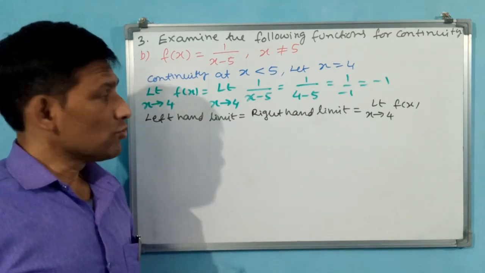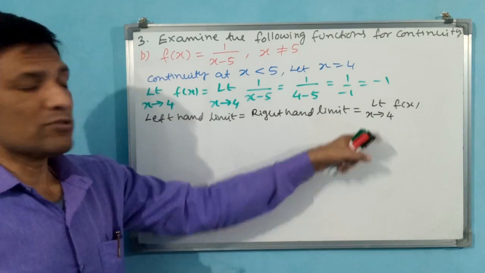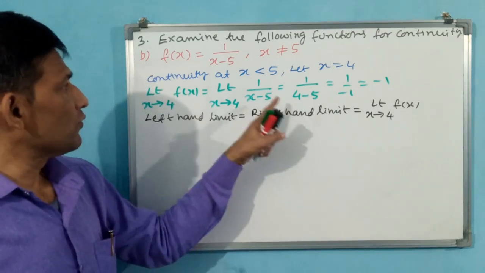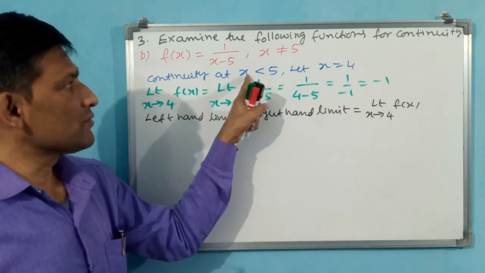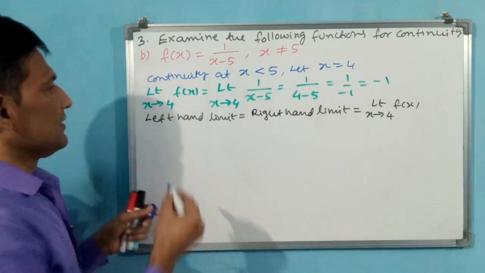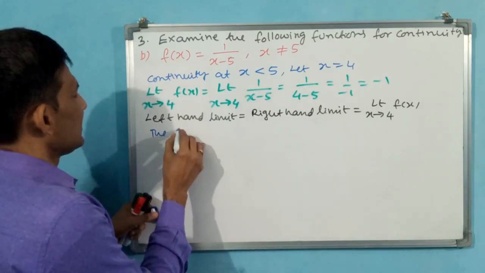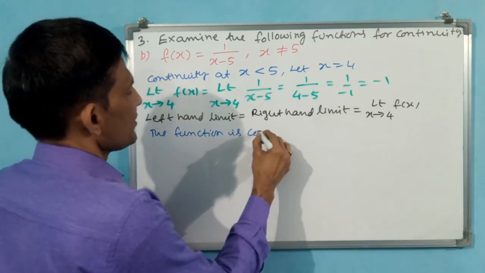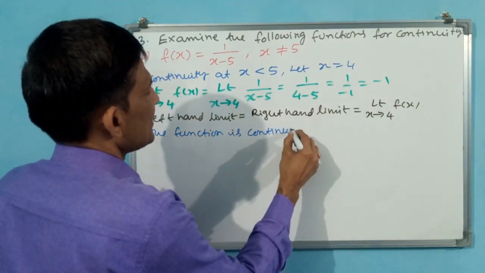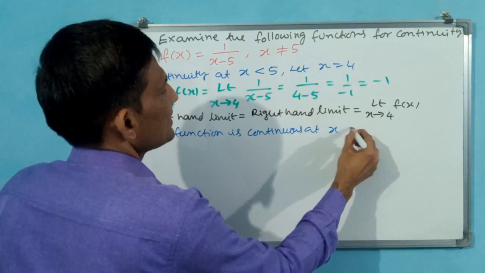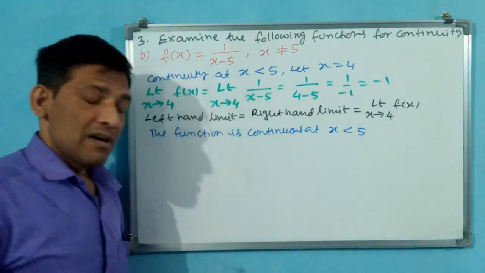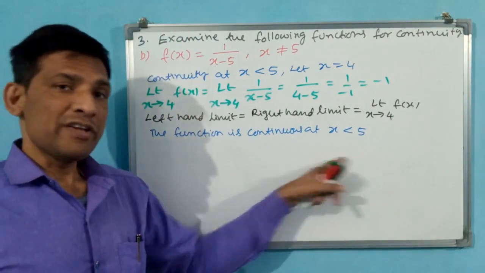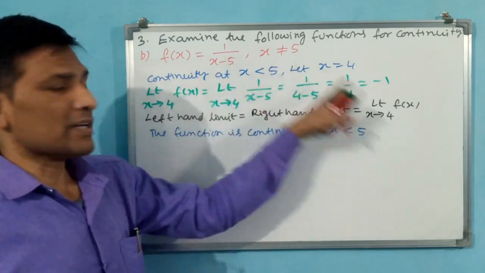But you should not write the function is continuous at x is equal to 4. X is equal to 4 we have taken, but this you have to write: the function is continuous at x is less than 5. That means at x is less than 5, any value less than 5 if you give, the function is continuous.